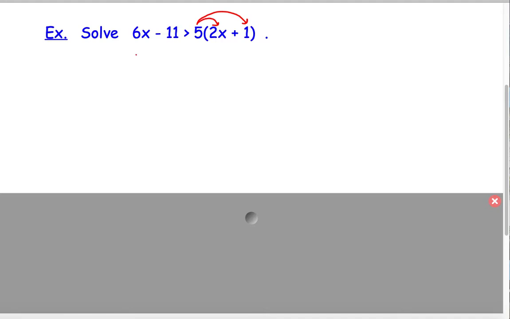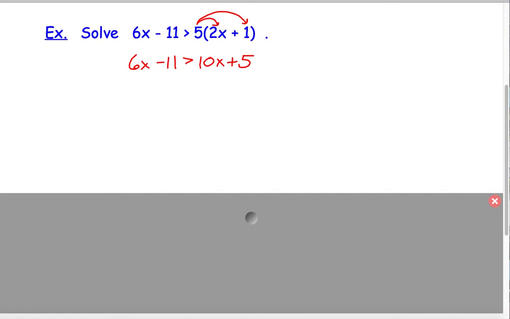All right, so I've got 6x minus 11 is greater than 10x plus 5. Now notice this is the first example where we have variables on both sides. There's actually 4 different things we can do here, and you decide which you want to do. When we were solving equations, my suggestion was always, let's try to get the x's together on one side.